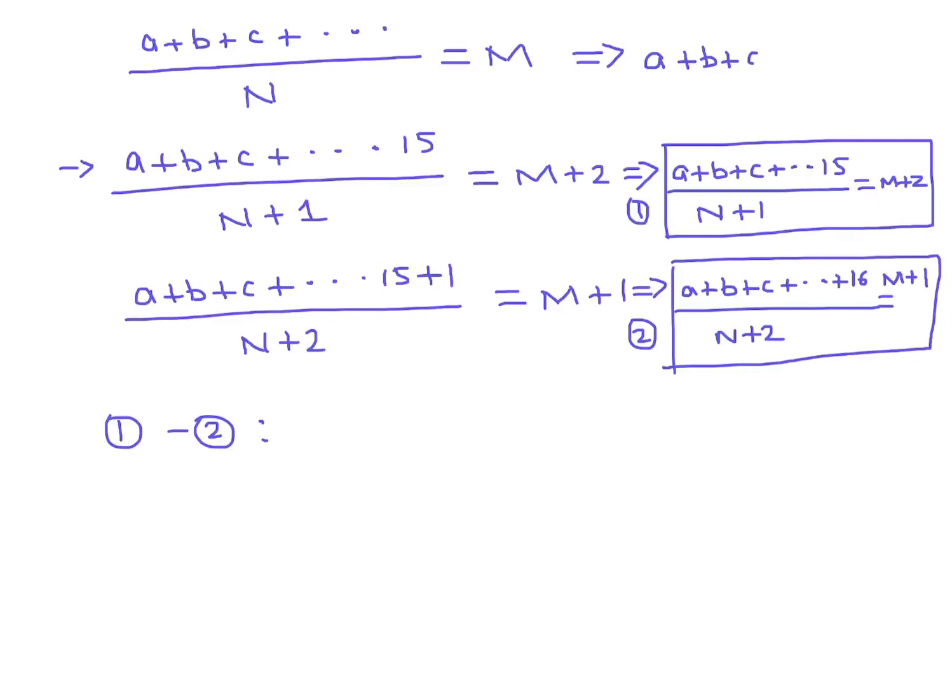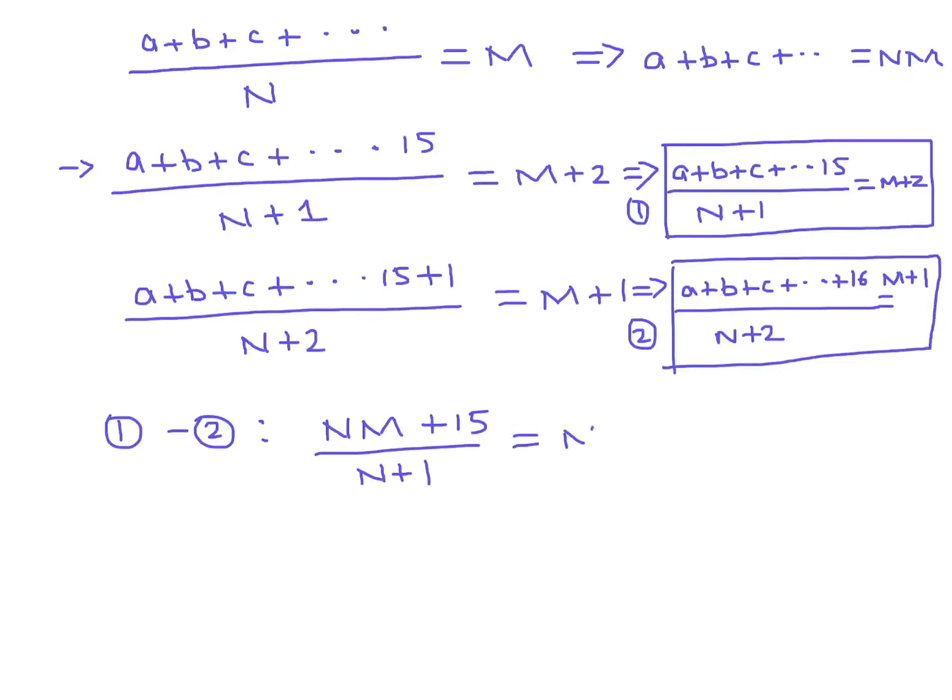A plus b plus c dot dot dot equals nm, right? I just cross multiplied. So instead of writing a plus b plus dot dot dot and all that stuff, we can just put nm. So the first one really just becomes nm plus 15 over n plus 1. See what I did there? Instead of putting a plus b plus c, blah, blah, blah, I just put nm.